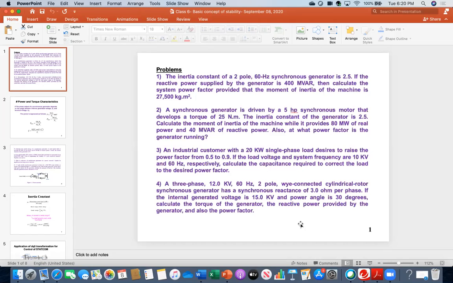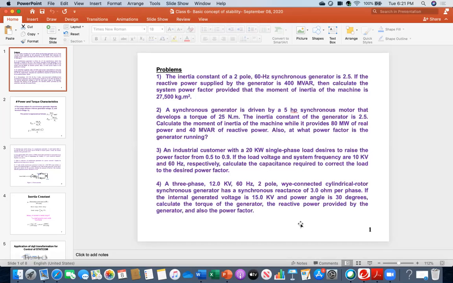I still have different numbers, so can you please give me the values for the internal generated voltage after dividing by square root of 3? I did it 3 times, but I still have different numbers. Are you talking about the Q? Yes, sir. What result did you get? For internal generated voltage after dividing by square root of 3, I got 8,660 volt. You divided 15 over root 3, right?